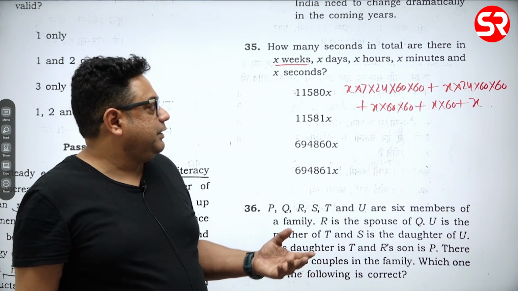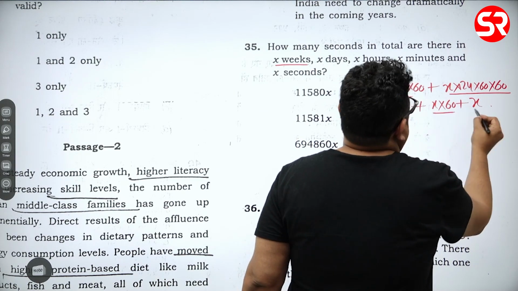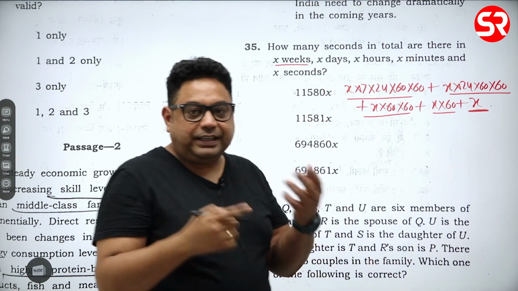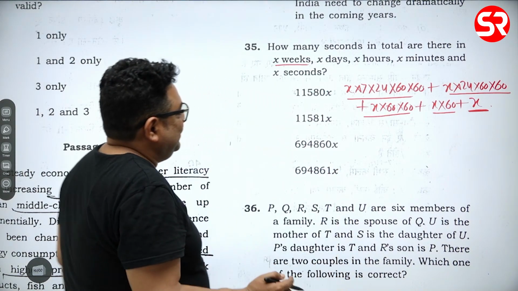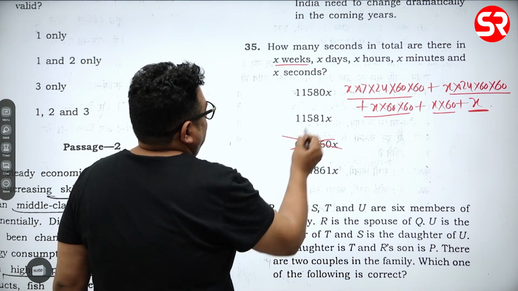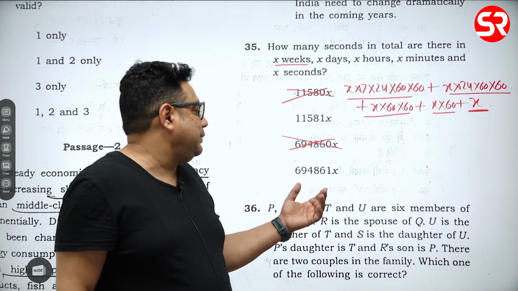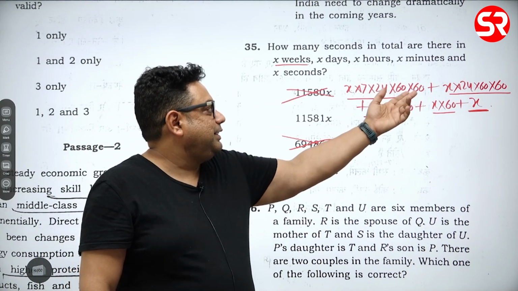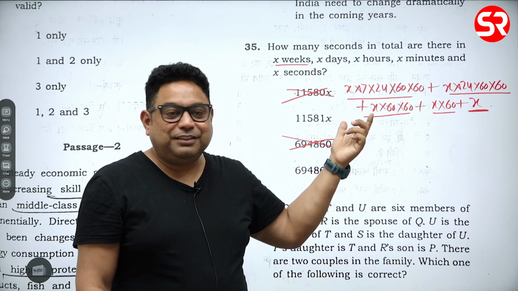At the end you realize each number is ending with 0, 0, 0 and 0, and this is ending with X. If I take X as common, your answer should end with 1. So your answer should end with 1. And then I think you should be smart enough to understand that 60 into 60 and 24 into 7 is a very big number.